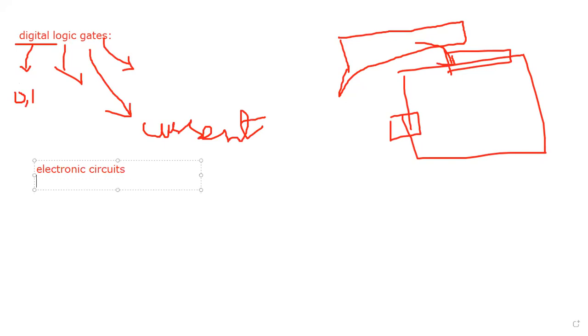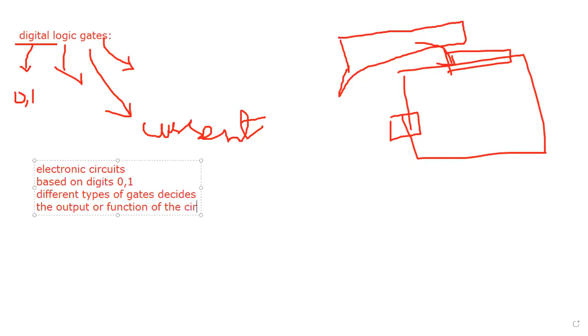Okay, this is actually used to design electronic circuits based on digits 0 and 1. Number 3, different types of gates besides the output or function of the circuit. Are you clear about these things?